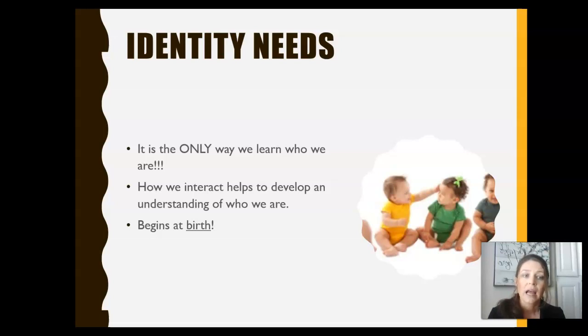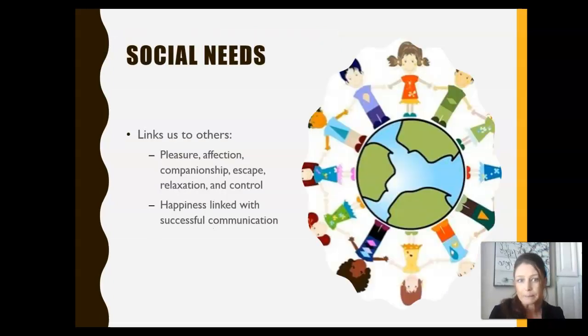And this includes how they speak to us, what they say to us, and how they behave around us. And in addition to this, our identity begins to form at birth, and it continues to be shaped over the course of our lifetime. So we communicate for physical needs, identity needs, and social needs.